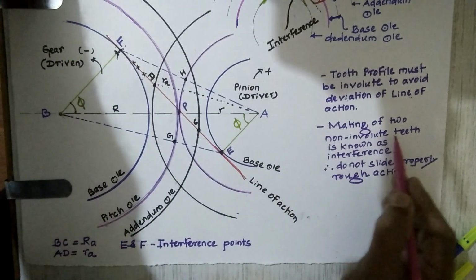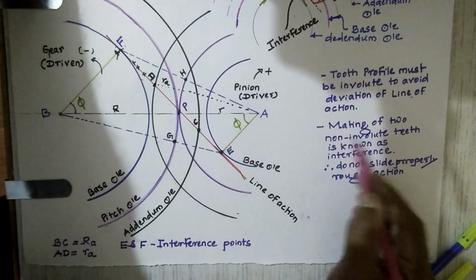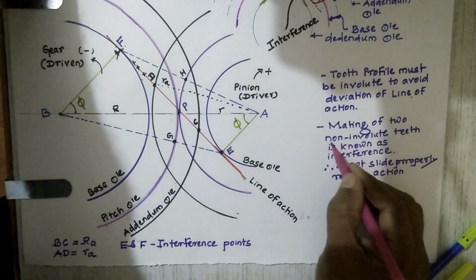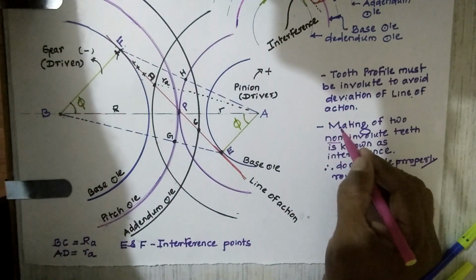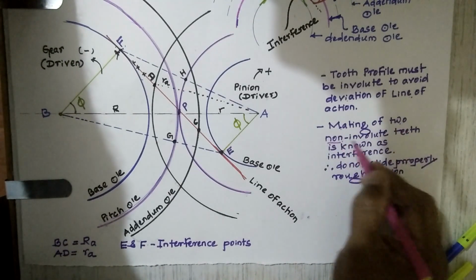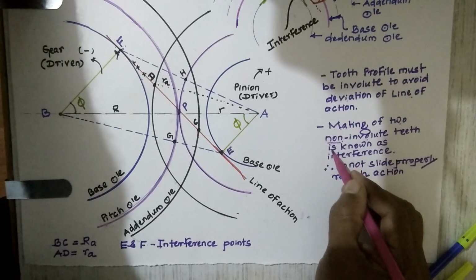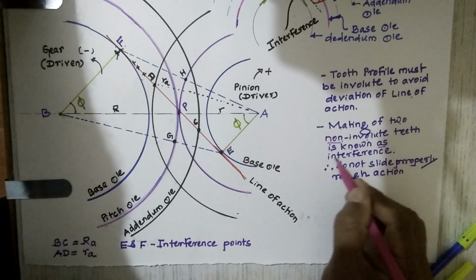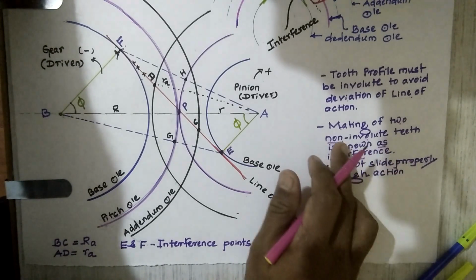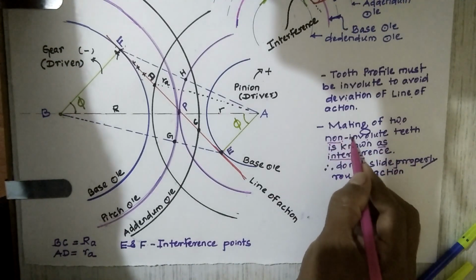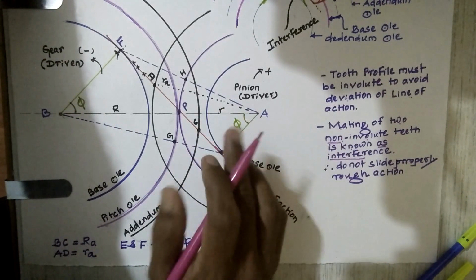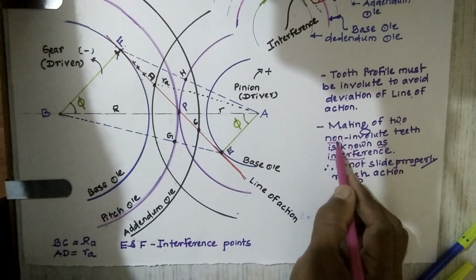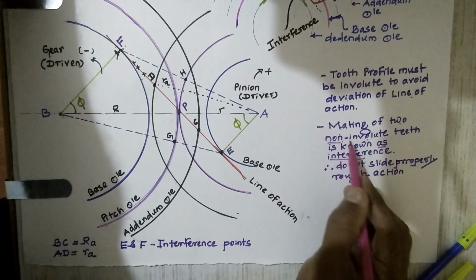Mating of two non-involute teeth is known as interference. This is important. Non-involute means a different profile will be there.